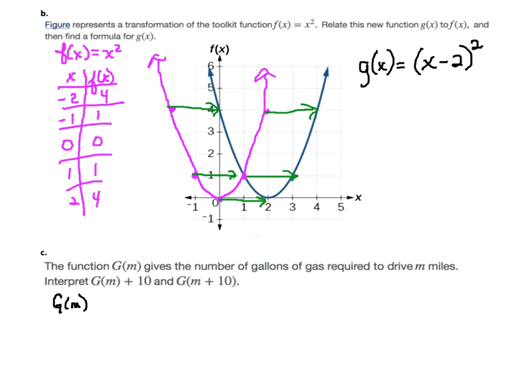Okay, so g of m plus 10, this is happening on the output value. Outside the function, output. So my output value in this particular function, g of m, is the number of gallons of gas required to drive m miles.